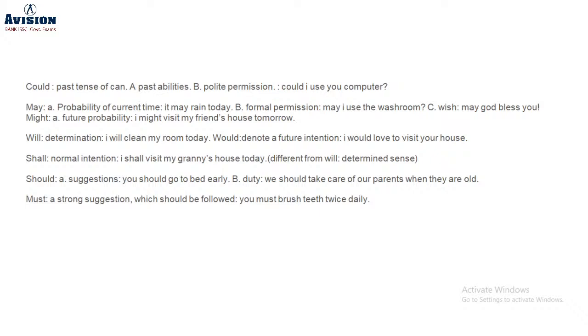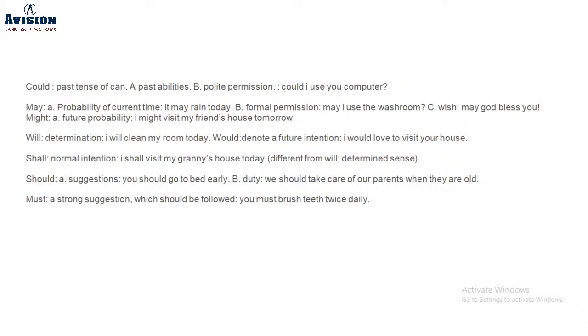Okay. Shall, in this sentence, I shall visit my granny's house today, gives the sense of a normal intention which the speaker has of visiting their granny's house today. But if I say I will visit my granny's house today, it gives a determined sense. Again, just as I said, there is always a sense of conviction, a force, a decided sense in the use of will. So that is why it differs.